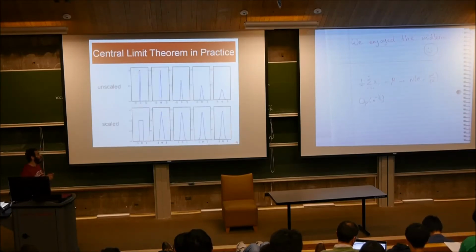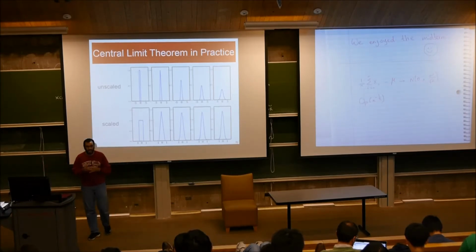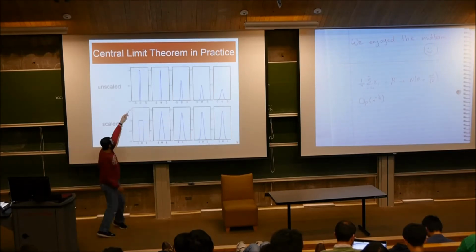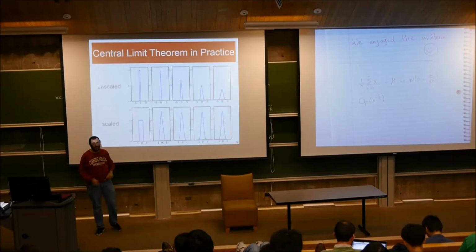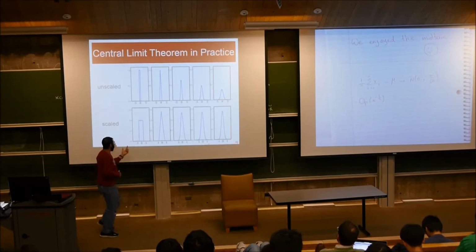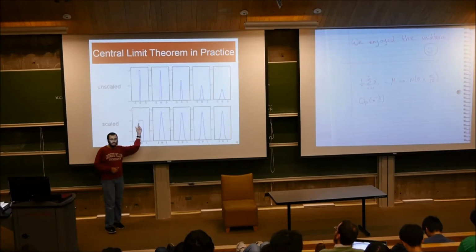So this is a demonstration of the central limit theorem. We keep adding variables of uniform distribution. This is the sum, this is the average. As you can see, one variable will have a flat distribution.